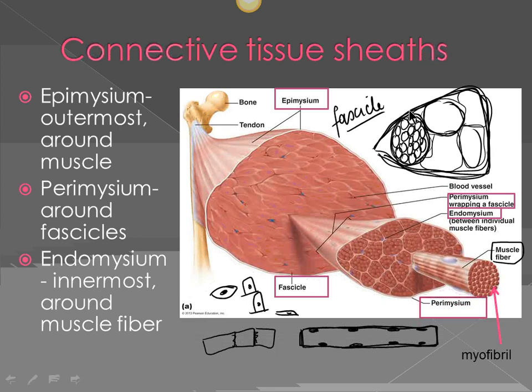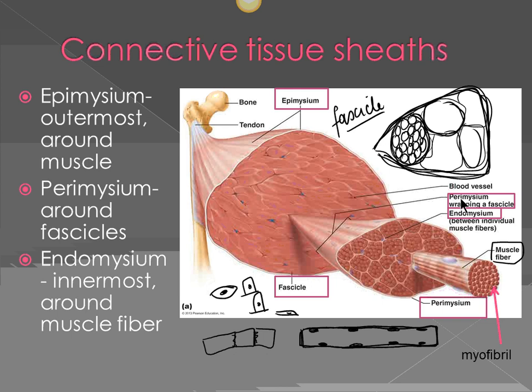Then this epimysium actually sends in septa to surround each fascicle. You can see these were the fascicles. Here he's pulled out one fascicle and shown it. Covering the fascicle, there's a connective tissue layer, and that covering is called perimysium. Peri means going around.